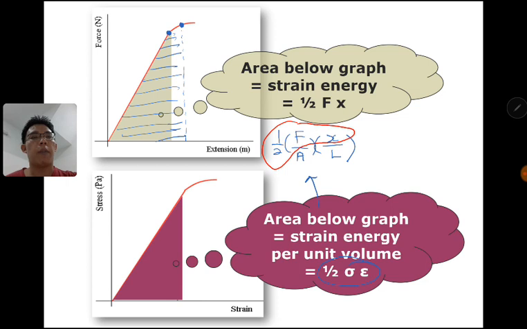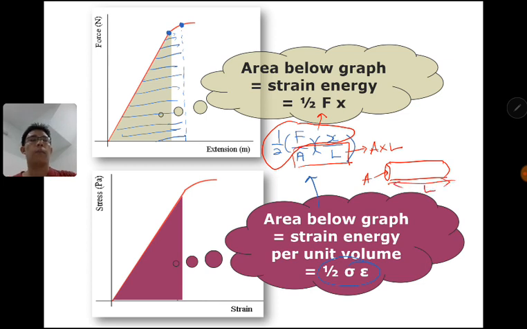So half Fx is exactly the same here. And now we focus on AL. AL means cross-sectional area times length. So what is that actually? Exactly, that's the volume. That's why it's strain energy per unit volume. There are different terms, so remember that.